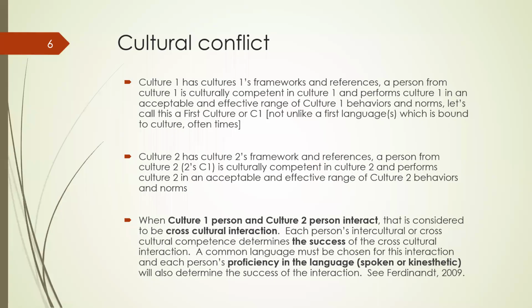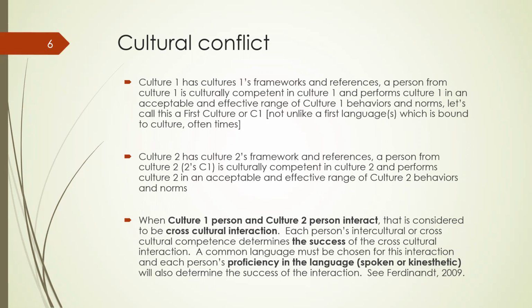Cultures come into conflict because the way a person of one culture processes information and behavioral information with their own frameworks and reference system has a culturally determined set of expectations about the behaviors that are normal, acceptable, and effective. A person from another culture, different from the other's first culture, has an equal number of frameworks and systems that determine the competence in that culture.